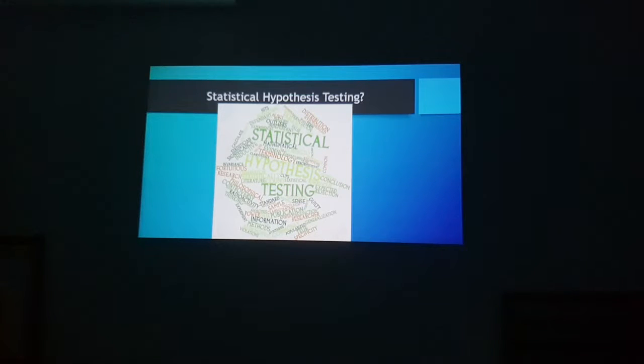Statistical hypothesis testing, also called confirmatory data analysis, is often used to decide whether experimental results contain enough information to cast doubt on conventional wisdom.